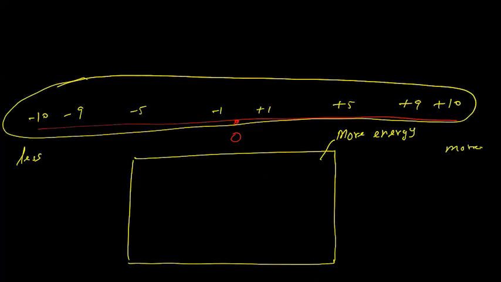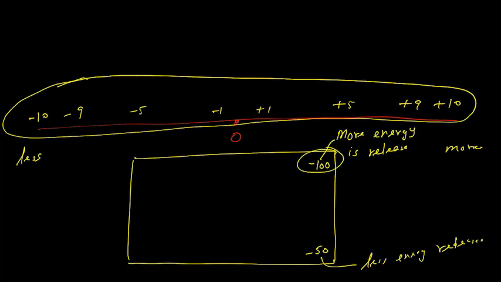So if I am saying more energy here is released, it means, say, -100 units. Here I am saying less energy released, say -50. If you compare it with the number line, you will say -100 is less than -50, but I am not talking with sign.